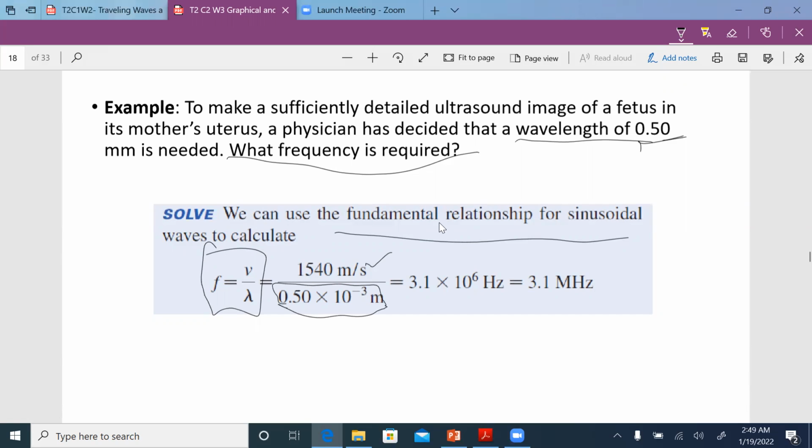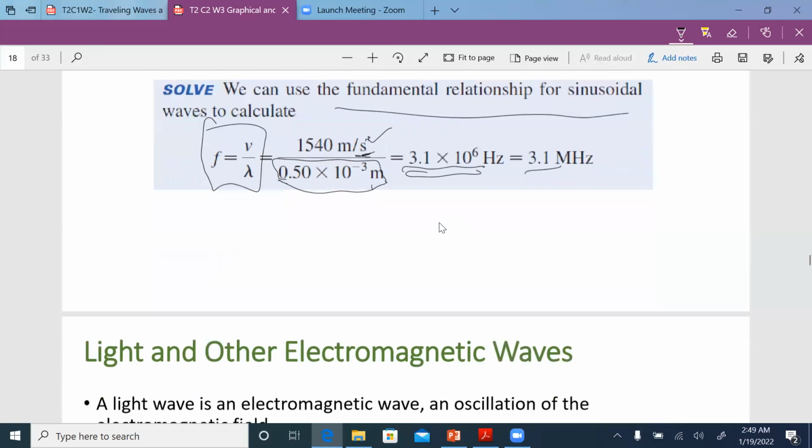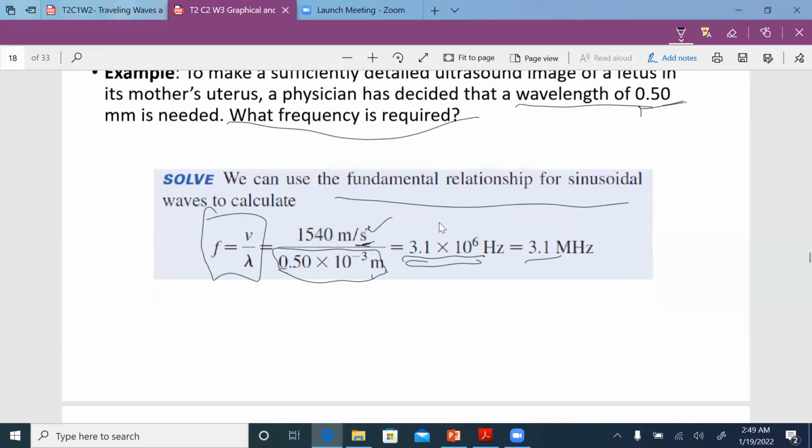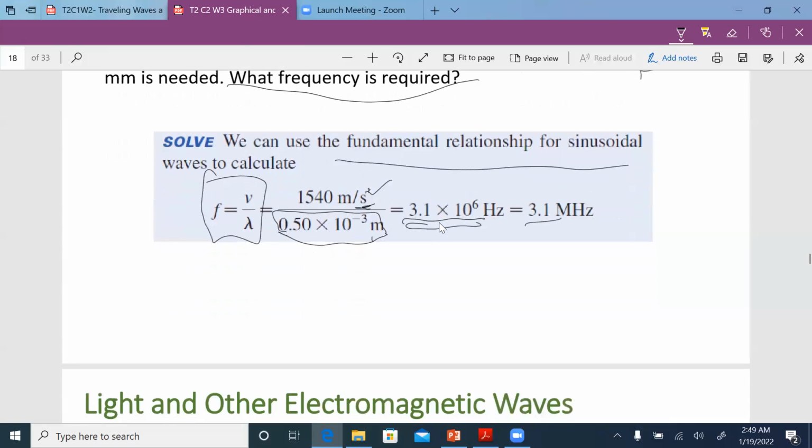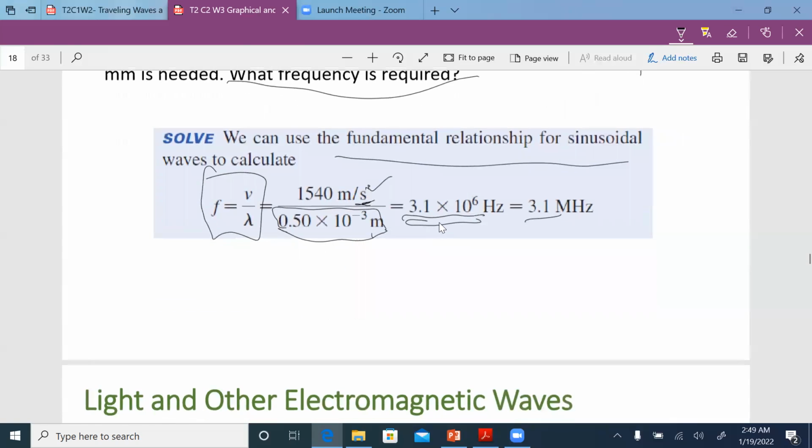And then we have the velocity. It is an ultrasound image. So by the time we divide this with this, we now have 3.1 times 10 raised to the power 6 hertz, which is 3.1 megahertz. That is what the physician used for the examination of the fetus in the womb.